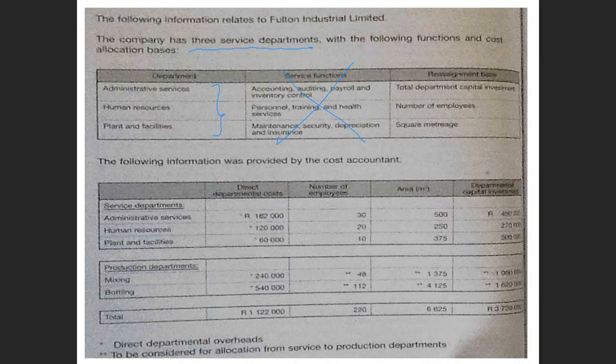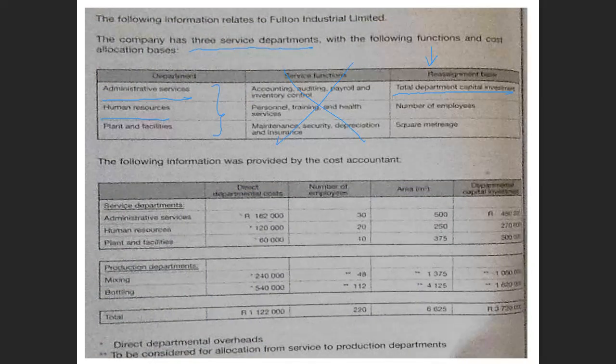So here you have your three departments, and the column at the end is very important because this is telling you that when we are reassigning the costs, this is the basis that we will reassign them on. Admin services costs are going to be reassigned based on the total department capital.